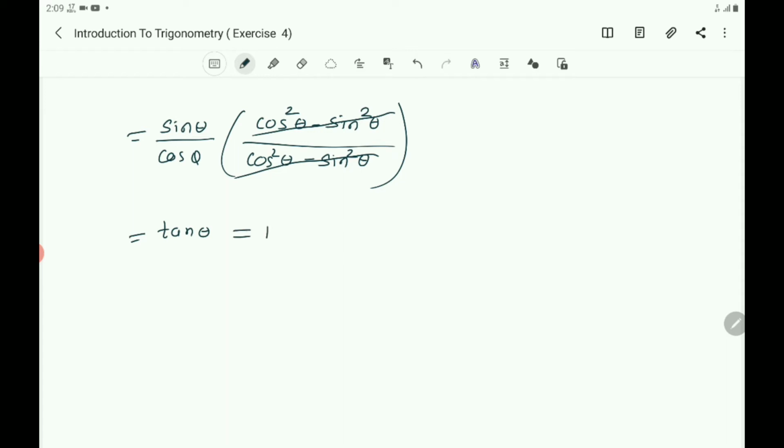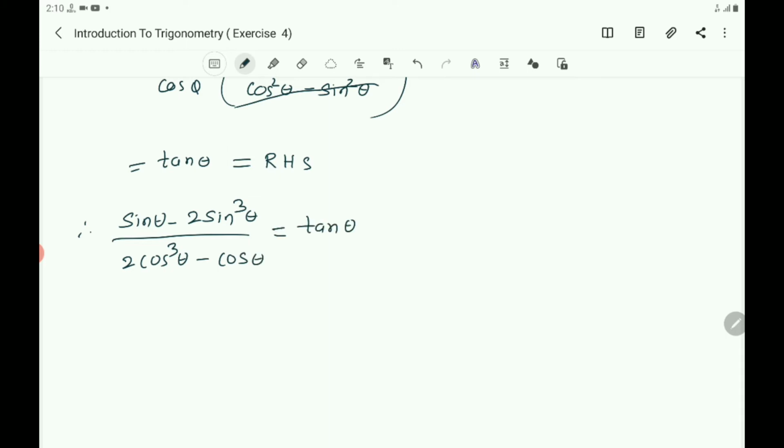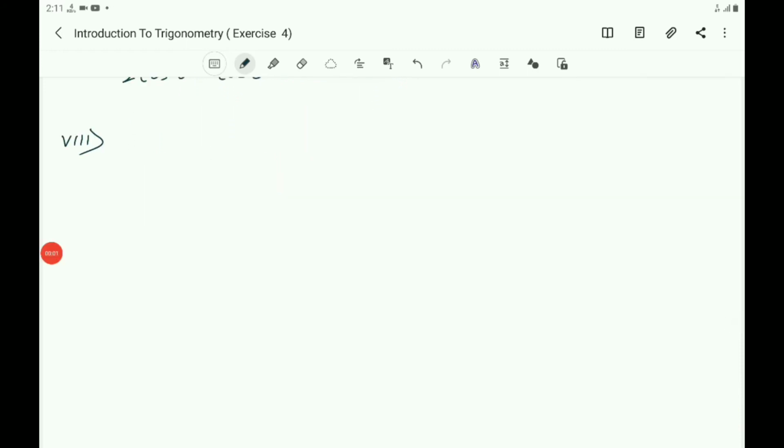So that is equals to RHS. You got the RHS. So you write, therefore sin theta minus 2 sin cube theta by 2 cos cube theta minus cos theta equals tan theta, you got.